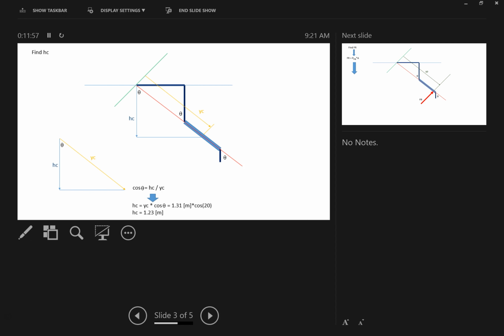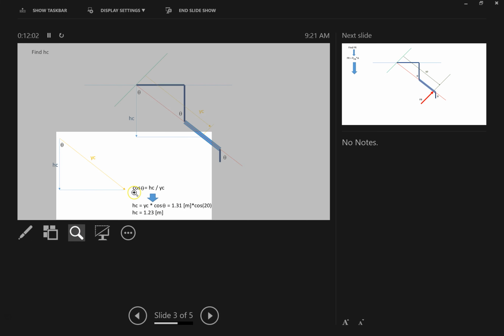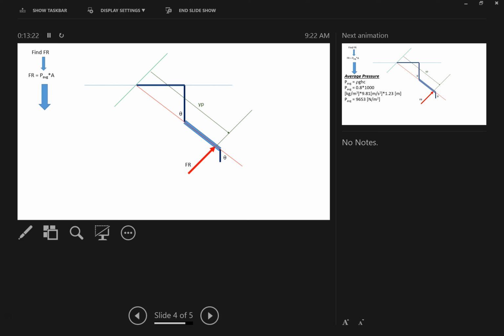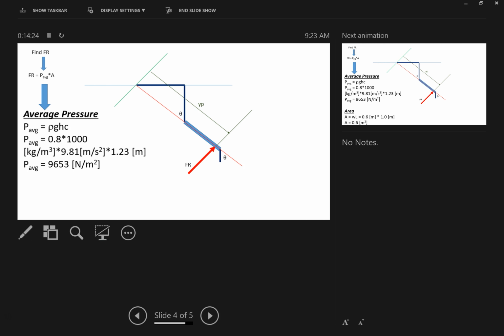I think this we already had. So let me just zoom in onto this section. Now we can then draw our FR, which is located at YP, perpendicular to that surface, and then start our equations that we've been starting. So FR equals P average times A. So your average pressure, P average, is rho g times HC.